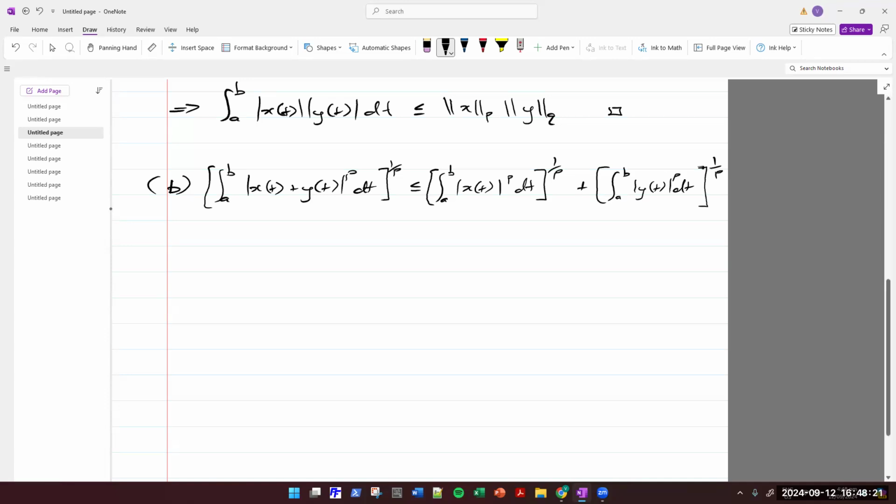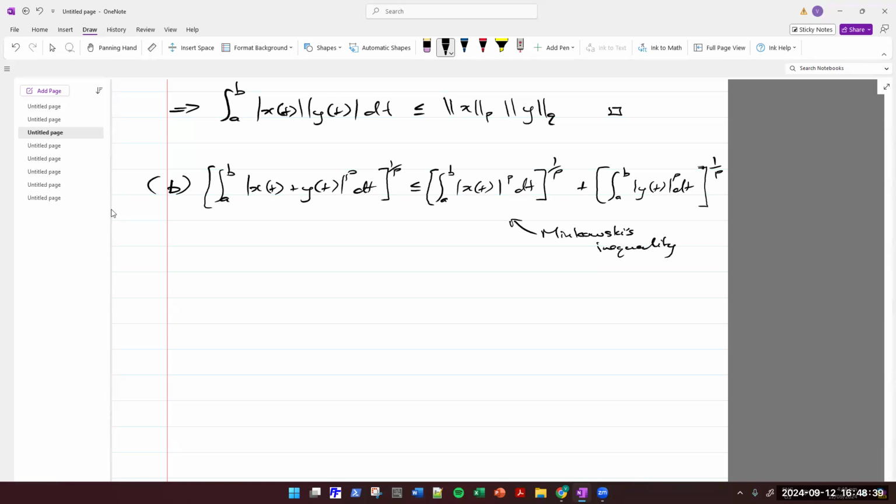Okay, so this is Minkowski's inequality. It's essentially the triangle inequality with respect to the p norm.